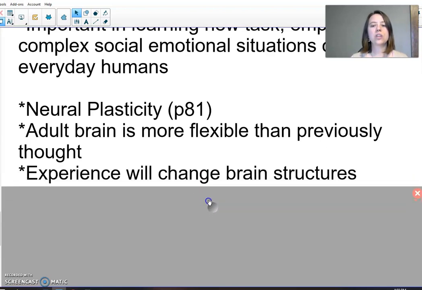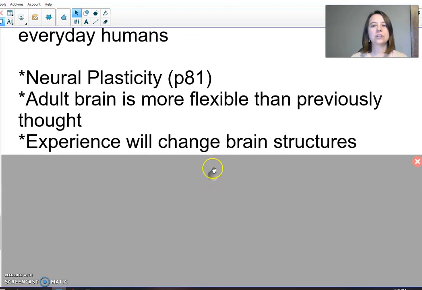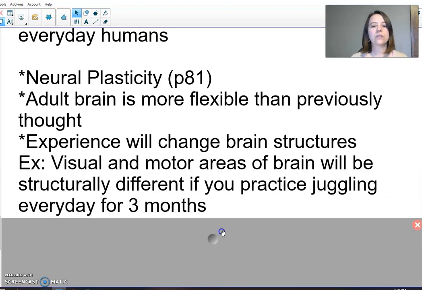Experience will actually change brain structures. And how do we know that? For example, if you practice juggling every day for 3 months, the visual and motor areas of your brain would be structurally different. There would be a physical difference in those areas that you had strengthened by practicing juggling every day.